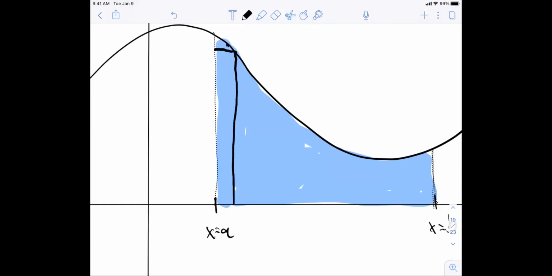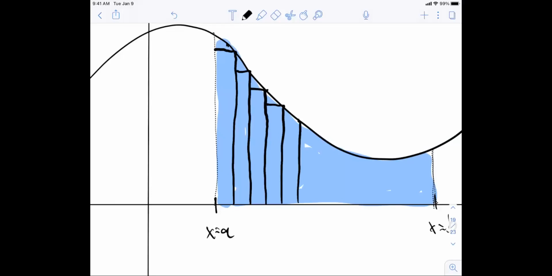Then I'm going to draw my next rectangle. That goes up to this edge. Right edge goes up to the function. Then my next rectangle, again the same width, goes up to the function on the right side. There's my next rectangle. Here's my next rectangle. And here's my next rectangle.